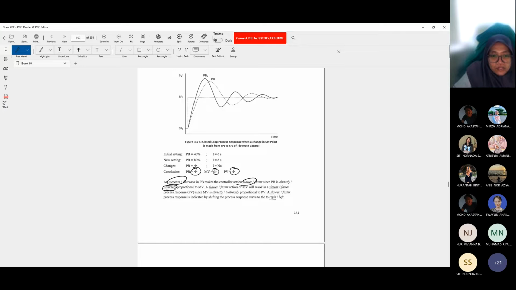So a slower action of MV will result in a slower process response. Okay, ini apa yang you tahu tadi lah, yang ni lah, this one. So since MV is directly proportional to PV, sebab tu kita dapat PV yang rendah lah kalau MV tu rendah. So a slower process response is indicated by shifting the process response curve to the right.